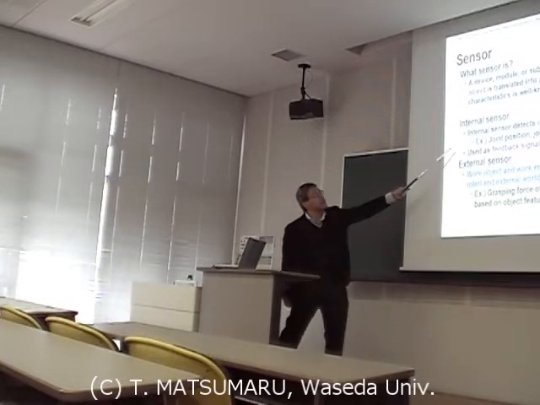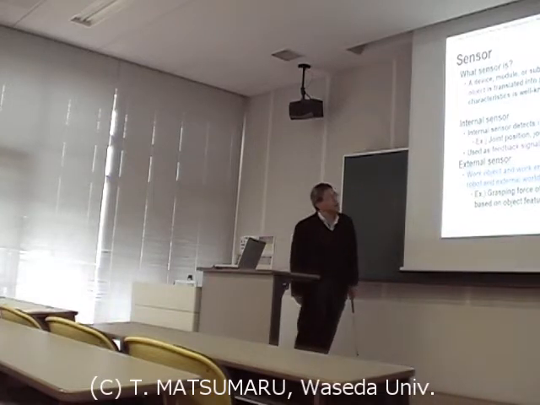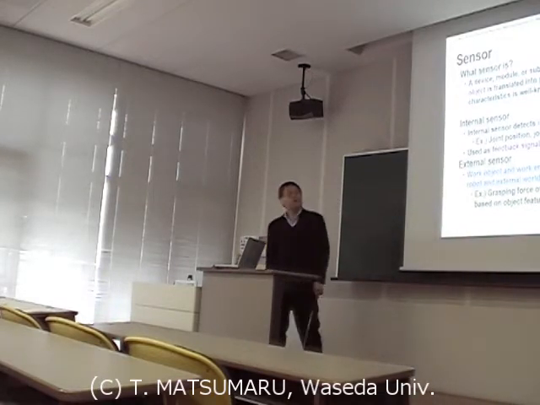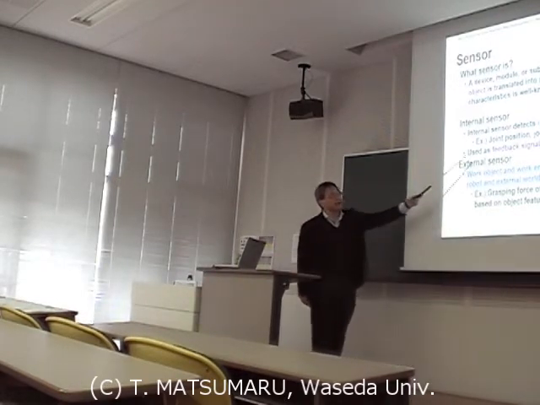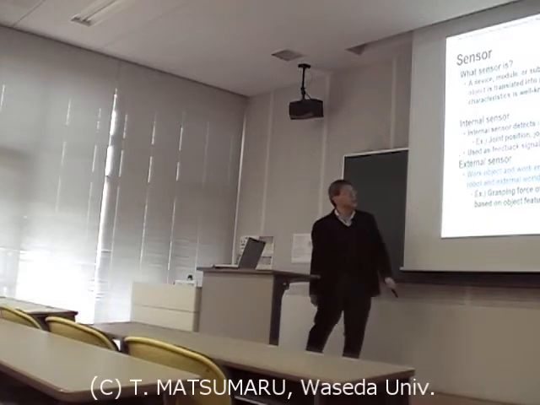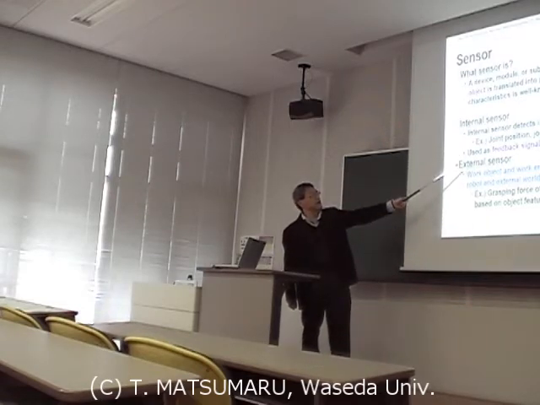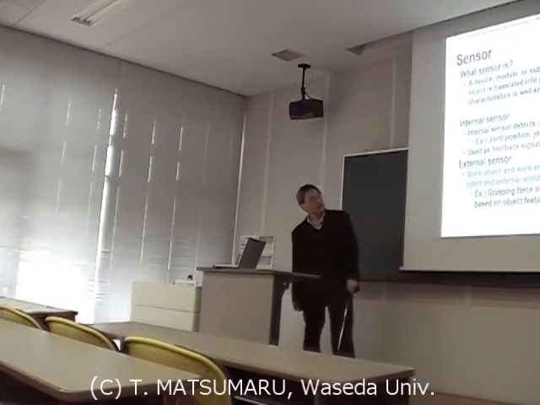The internal sensor mainly detects the internal state of itself, of the robot system, like the joint position and joint moving speed, used as a feedback signal for sequential control and so on.